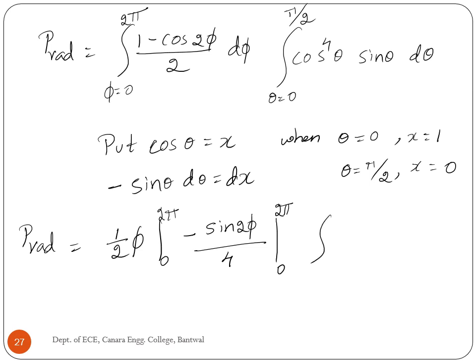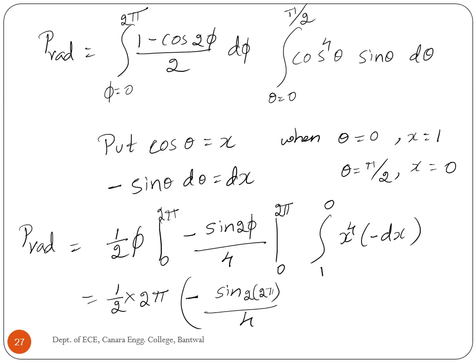And the integration of cos to the power 4 theta sin theta d theta is the integral of x to the power 4 times minus dx from 1 to 0, which is equal to half into 2 pi, minus sin 2 into 2 pi divided by 4, into the integral from 0 to 1 of x to the power 4 dx.